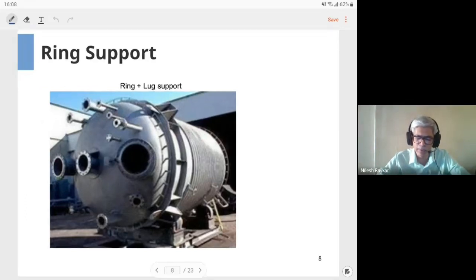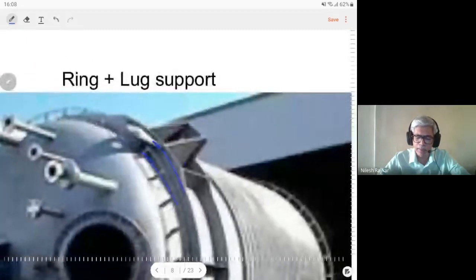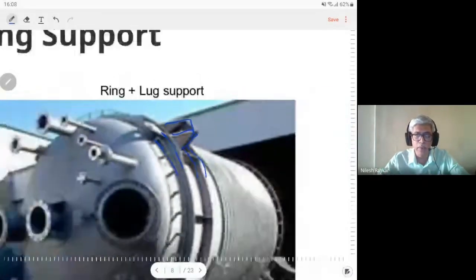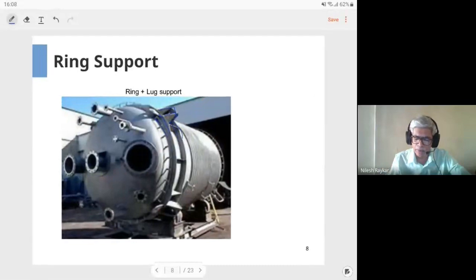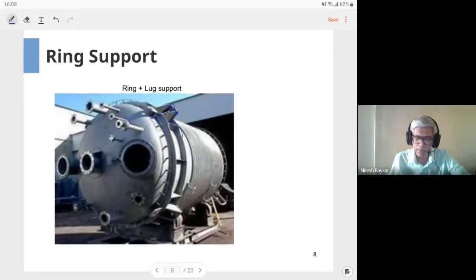So this is the ring, and you have a lug which is attached to the ring and then further supported to the vessel. These pictures are during transportation, so they are not in the actual position. What is shown here is a vertical equipment during transportation, so that is why it may give a wrong picture to you.